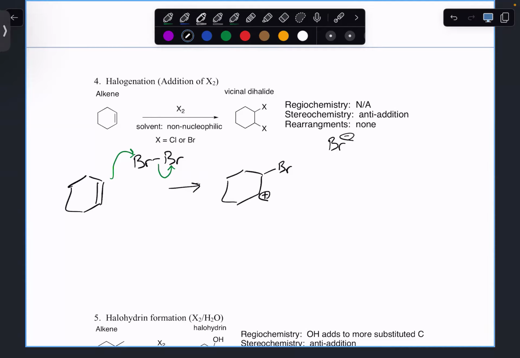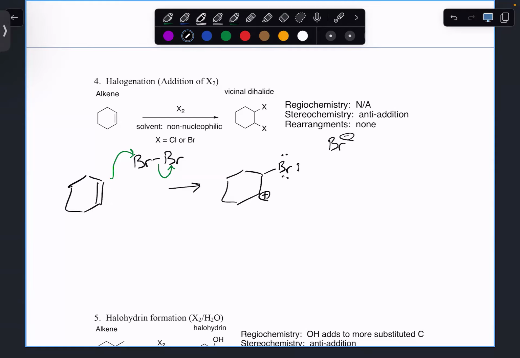Now, the difference is because bromine has something that hydrogen did not, and that is a lot of lone pair electrons. And so once you have that bromine with all of those lone pairs right next door to a positive charge, well, those electrons are going to be attracted to the positive charge.